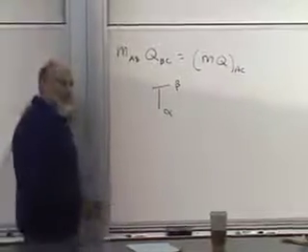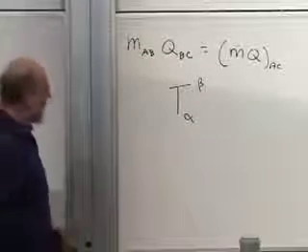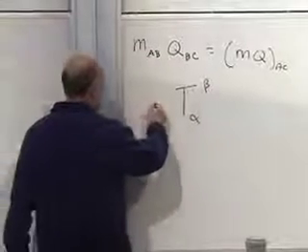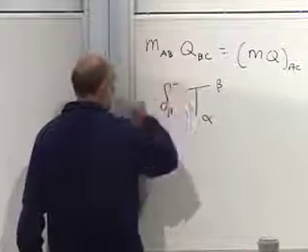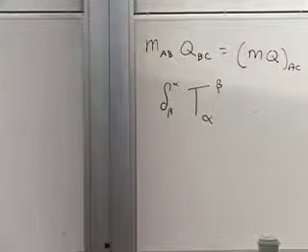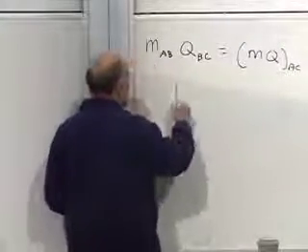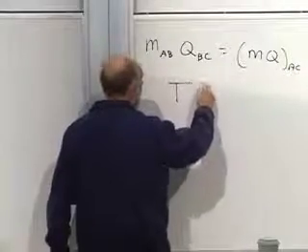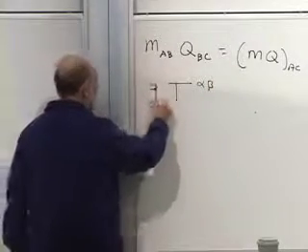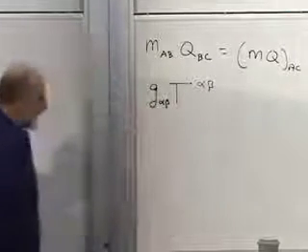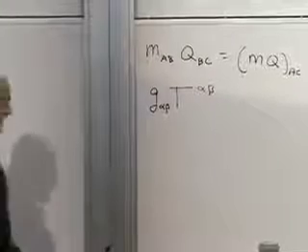Well, first of all, you can just identify beta with alpha and contract beta with alpha, or you can think of it as multiplying it by delta beta alpha, which is just G in some other notation. Let's write several different formulas. First of all, there's T alpha beta, which if I want to make a scalar out of it, I multiply it by G alpha beta and sum over alpha and beta. That makes a scalar.